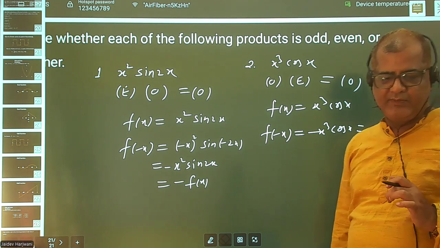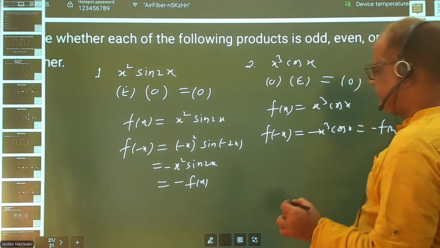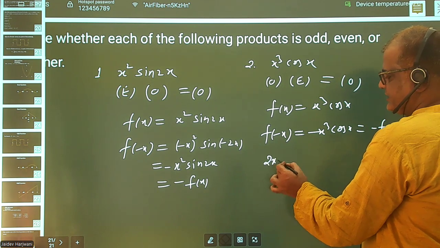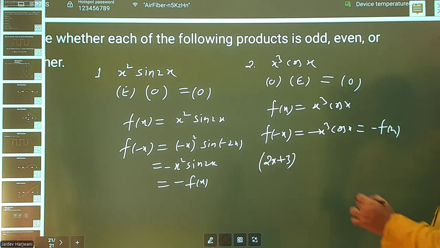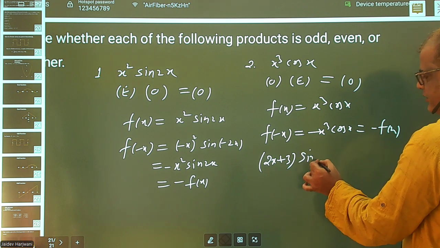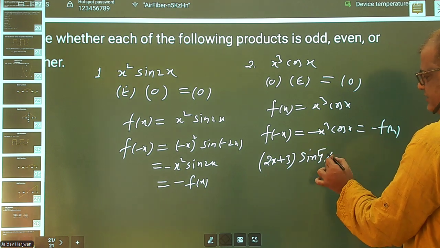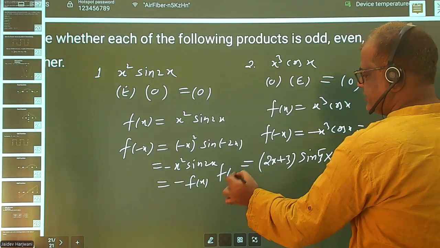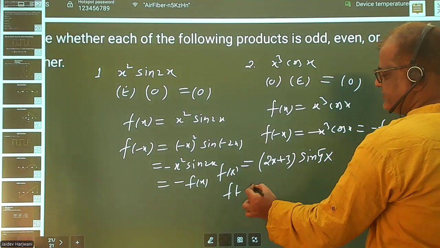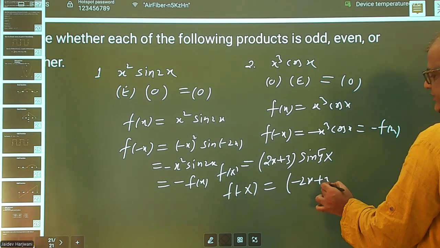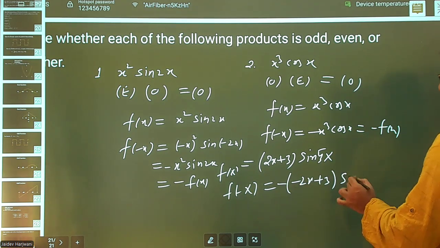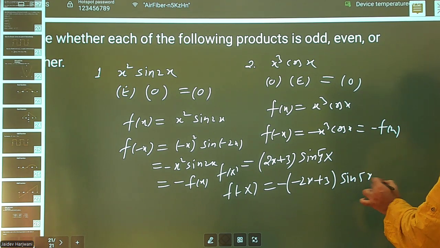Let me take some more examples. Say I have a function 2x plus 3, and sine of 5x. Now, if I take f(-x), this function will become minus 2x plus 3, minus sine of 5x.